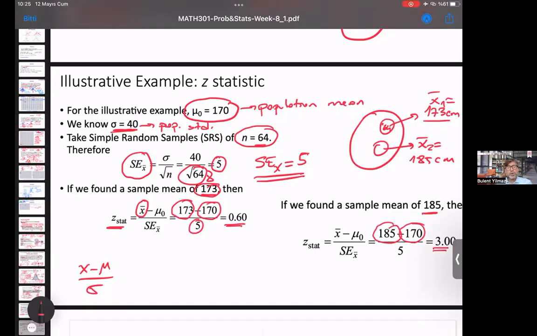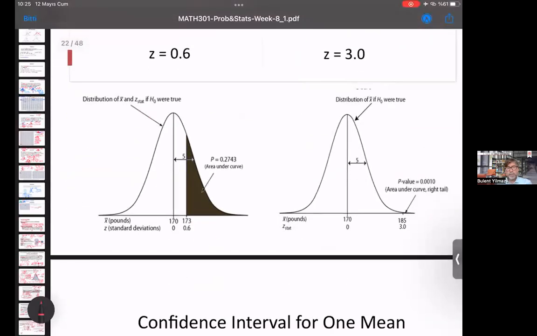Okay, what am I going to do with this information? Now this is my z value. This was my distribution, and the distribution was centered at 170. Now I found 173 being 0.6, and the probability of obtaining z being greater than 0.6 is going to be 0.7443, right?